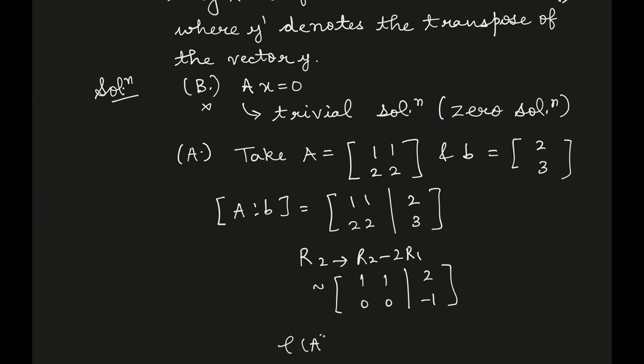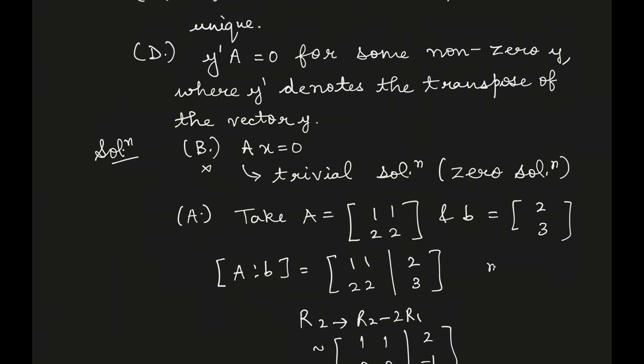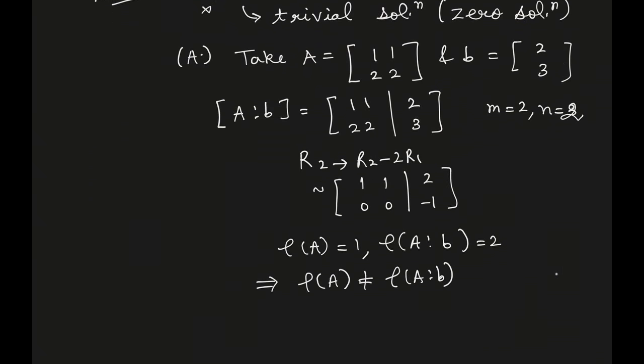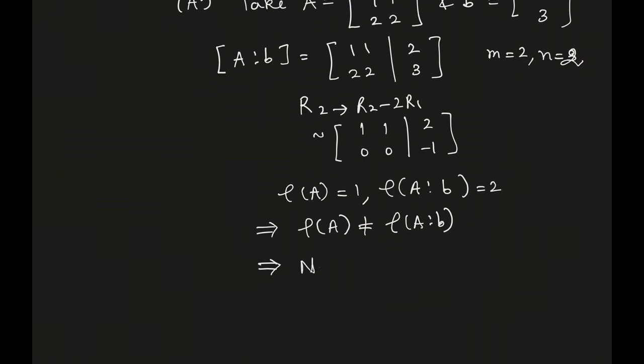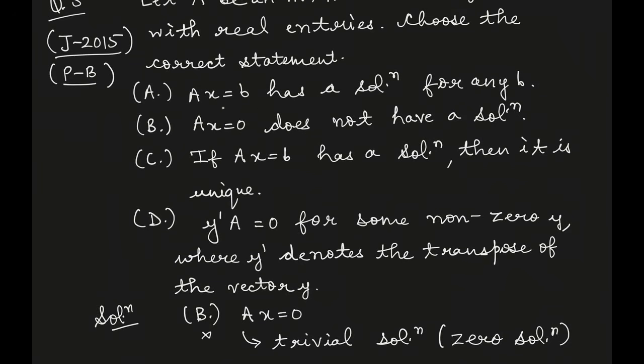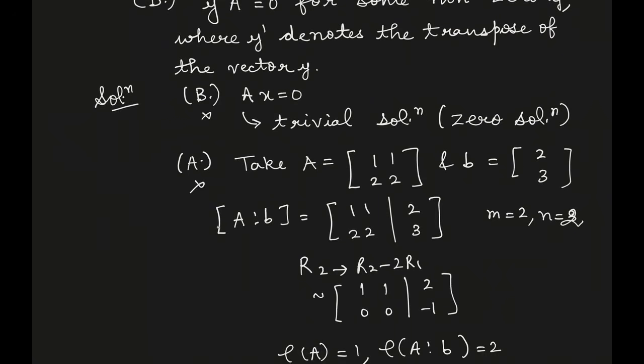So here rank of A is 1 and rank of A augmented b is 2. This implies rank of A is not equal to rank of A augmented b. So here I have taken m rows and n columns. This implies no solution. And it was saying that Ax equal to b has a solution for any b. So option A is also discarded.